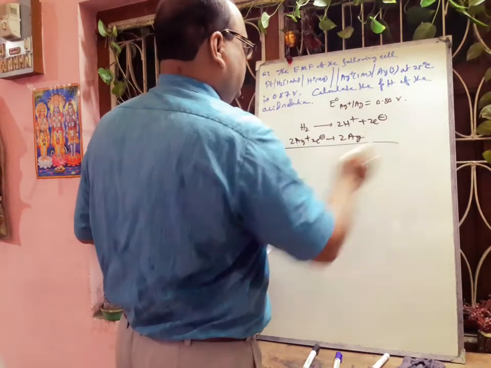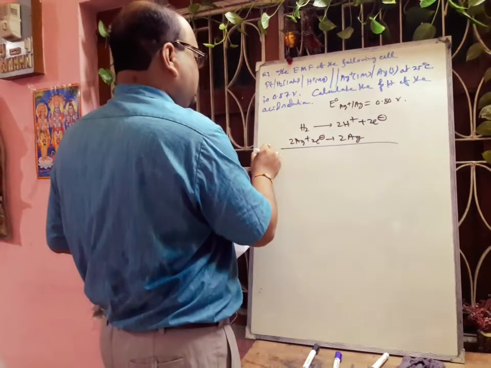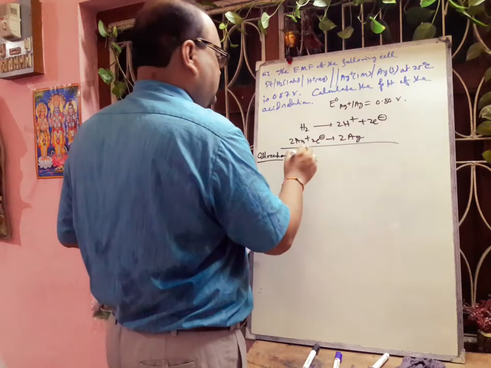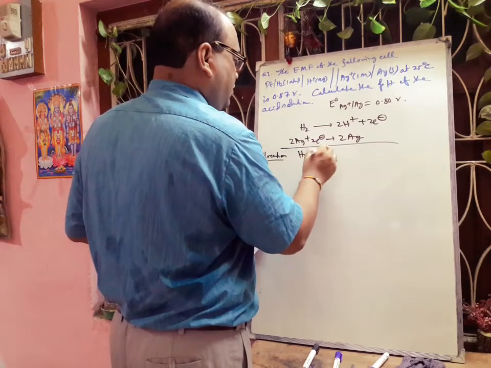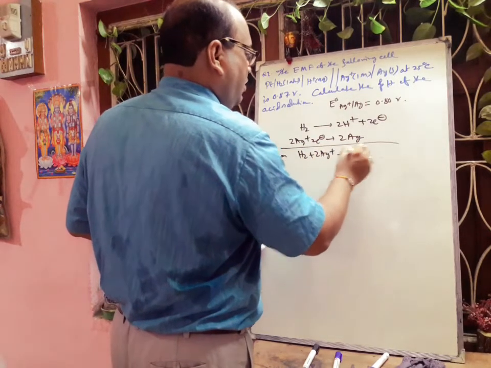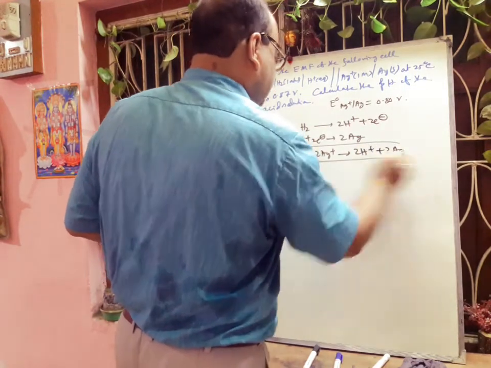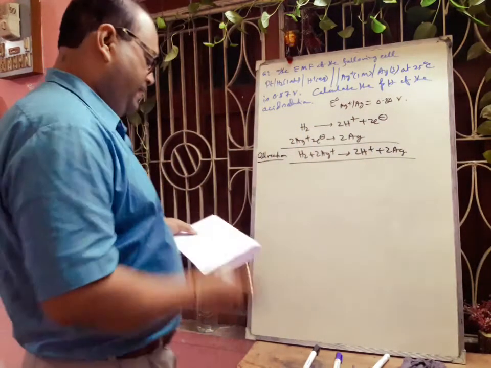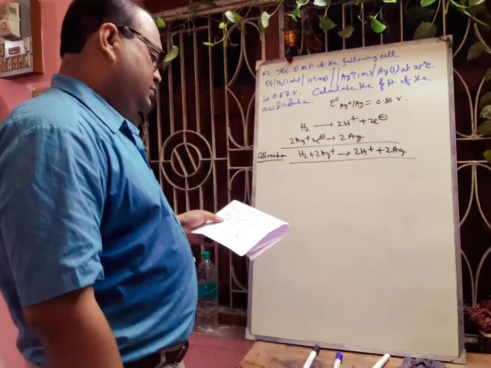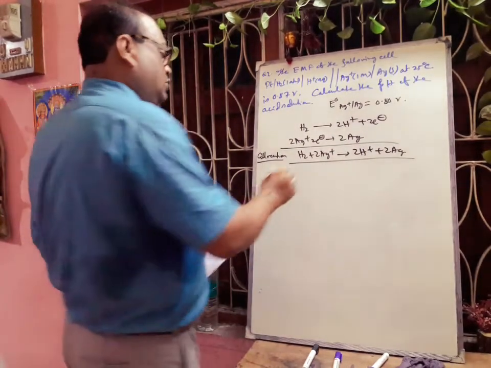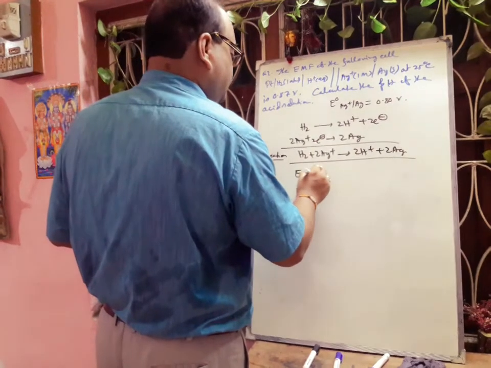So if we add these two, we will get the total cell reaction, that is H2 plus 2Ag+ forming 2H+ plus 2Ag, and this one is the cell reaction. Now from this cell reaction, if we calculate the E cell, E cell is equal to what?